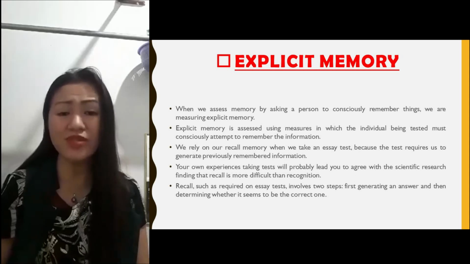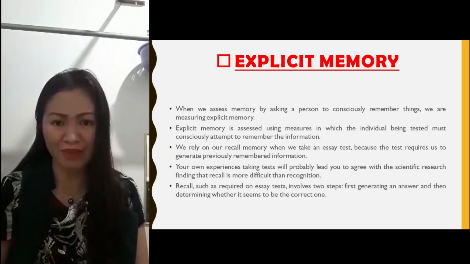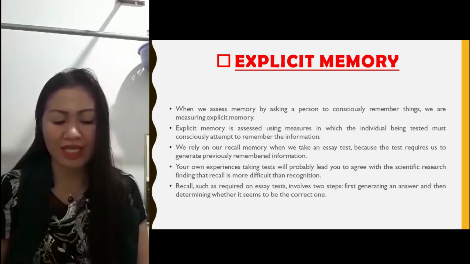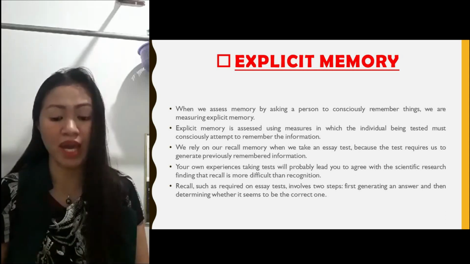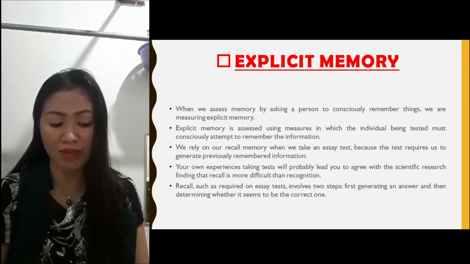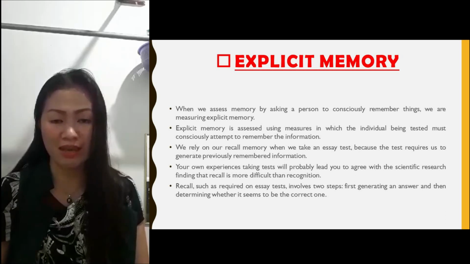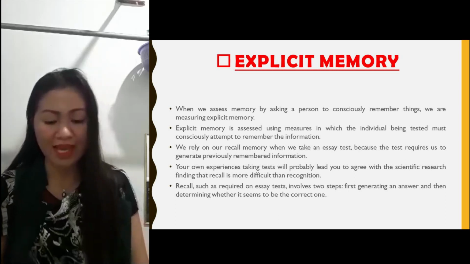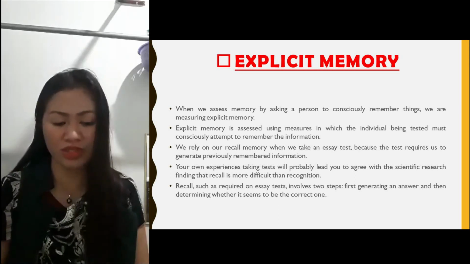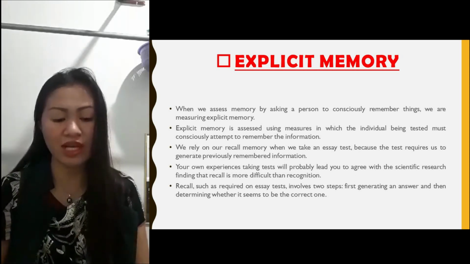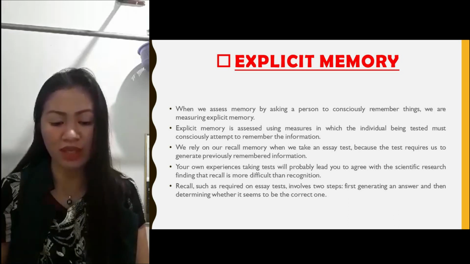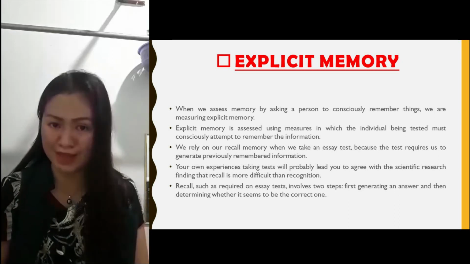So now, what is explicit memory? Explicit memory is one of the two main types of long-term human memory. The other one is implicit memory. Explicit memory is the conscious, intentional recollection of factual information, previous experiences, and concepts.